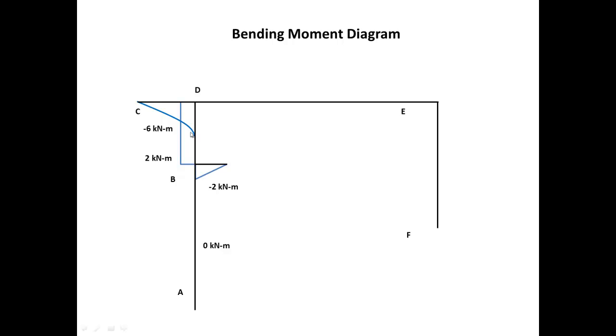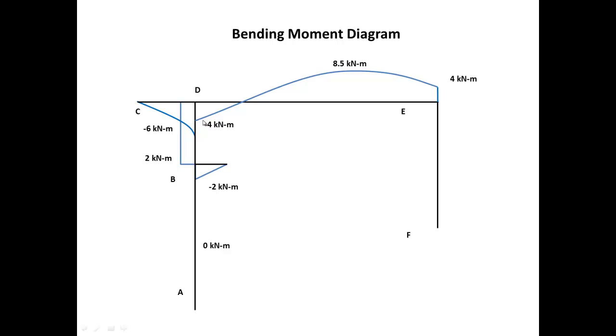We have a moment of -6 right here, and we have a moment in DE. We start with a -4, and look at this, the -4 in member DE starting from point D, if you sum these two numbers, you'll get the negative 4.